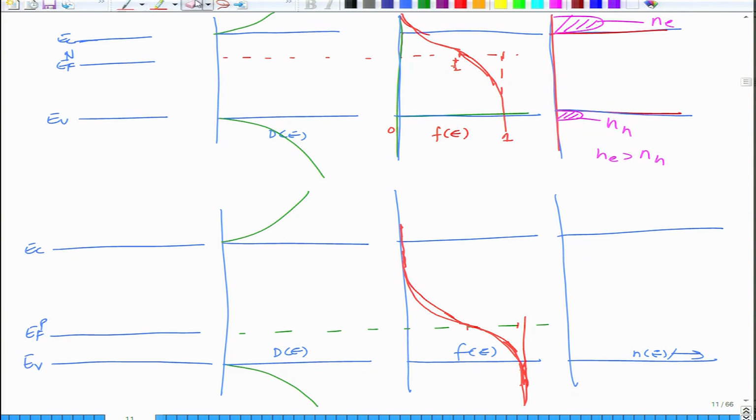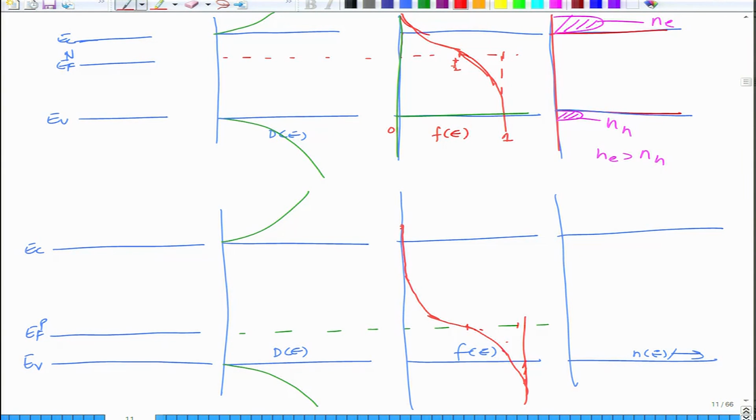Let me see if I can draw it a little better. Okay, basically you can say this curve will go something like this, and it will go something like this on the other side, touching 0 here.